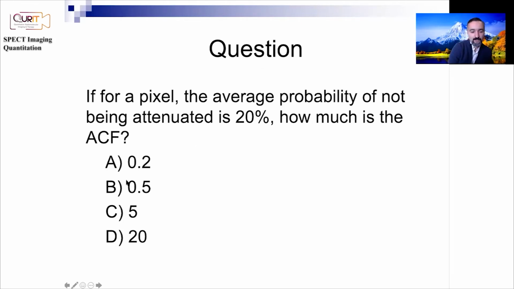Okay, so the correct answer is going to be 5, as most of you have said.